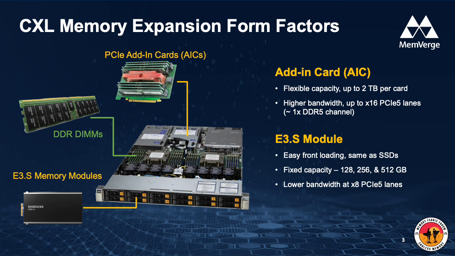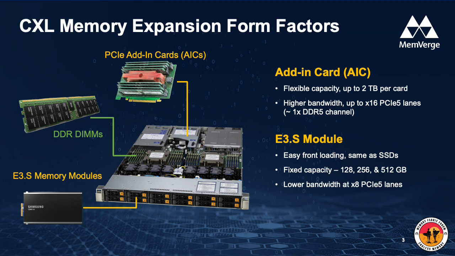So if you're moving up to the newer servers that have DDR5, you can recycle your old DDR4 and plop them into these add-in cards. Alternatively, if you want the highest bandwidth, go and purchase the DDR5 modules with these types of devices. Another advantage here is that because they are a CEM form factor, predominantly they fit into a x16 slot, so you get maximum bandwidth out of these devices.